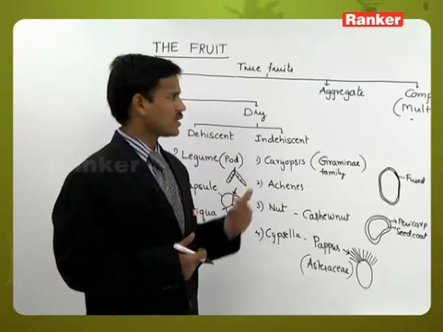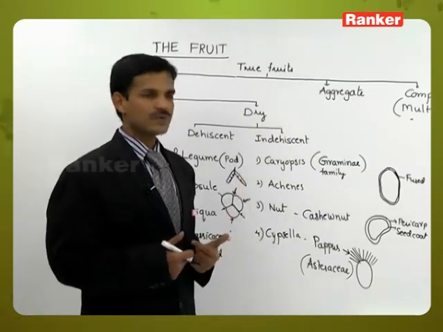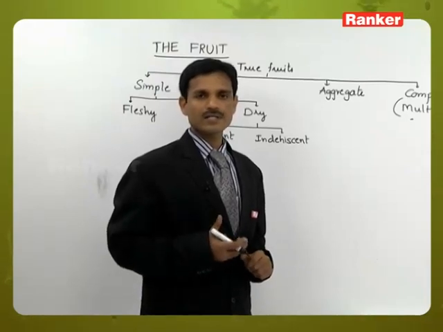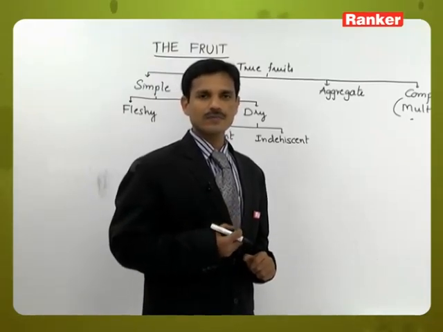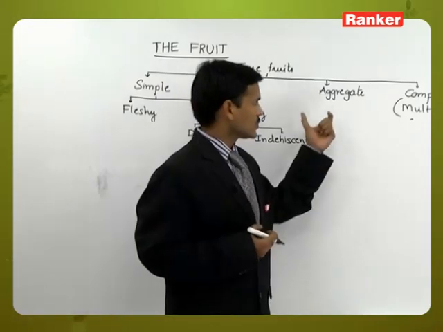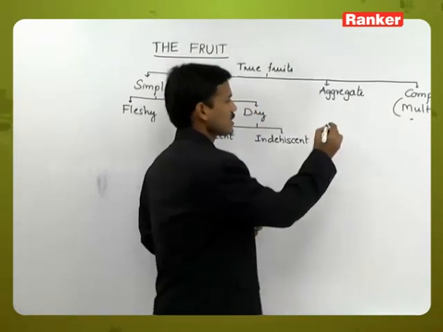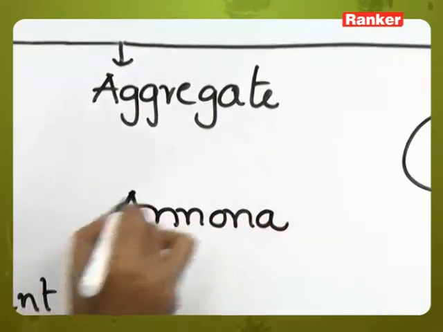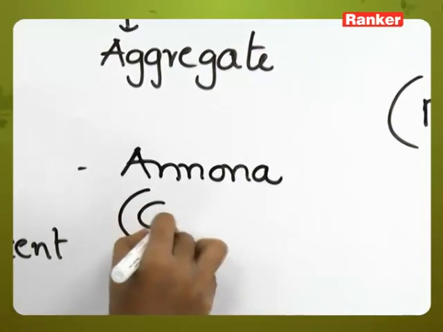Let us discuss what are aggregate fruits and composite fruits. Aggregate fruits, already we discussed, develop from apocarpous ovary of a single flower. This type of fruit is observed in Annona squamosa, Annona or custard apple.